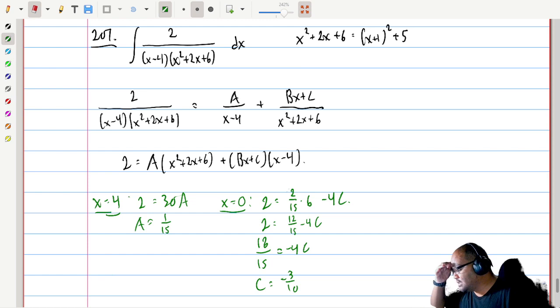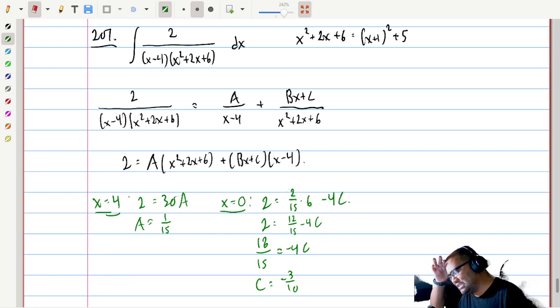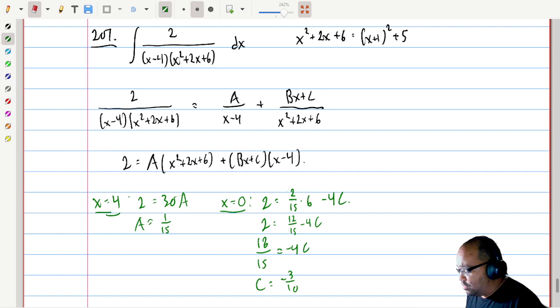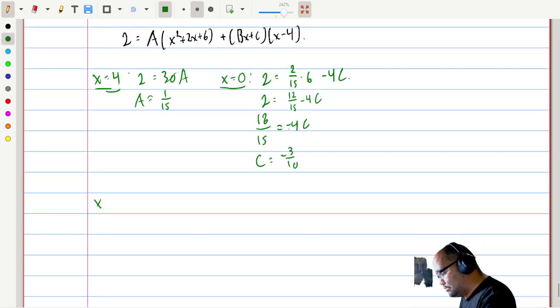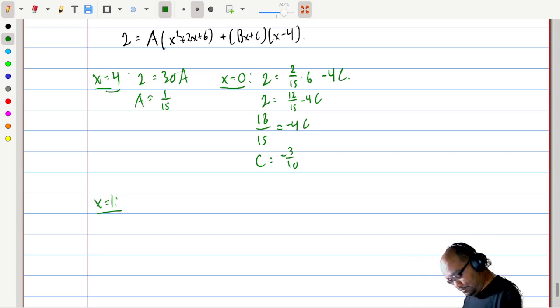Okay. Now to get B, I'm going to go ahead and set x equals... I'm kind of running out of clever options here, so I'll set x equals 1. So on the left, we still have 2.